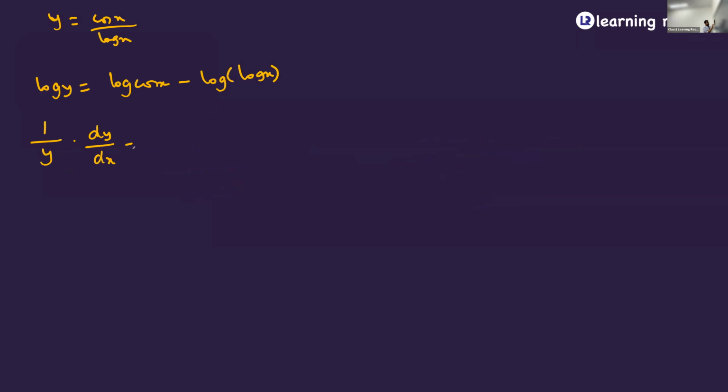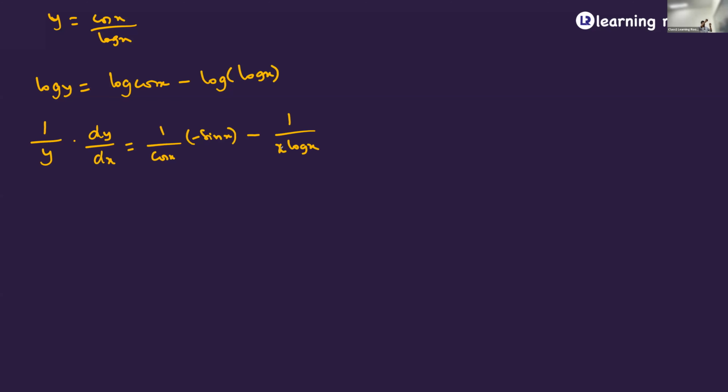So what is the question? Cos x divided by log x, correct? So if you take log on both sides, log y is equal to log cos x minus log of log x. So log y derivative is 1 by y into dy by dx, is equal to log cos x derivative, which is 1 by cos x into minus sin x, minus 1 by x log x.